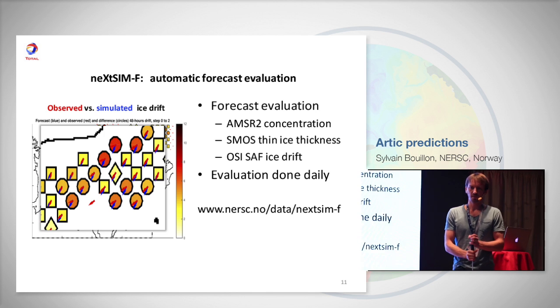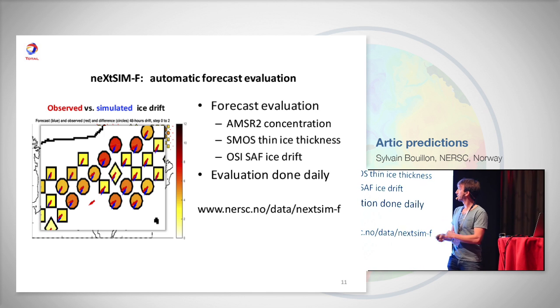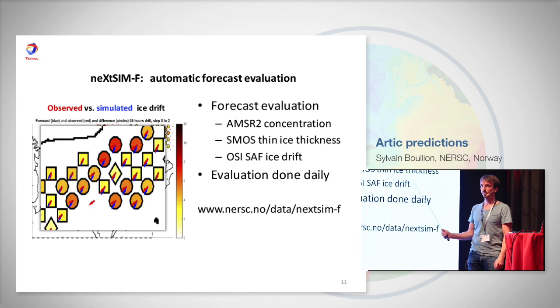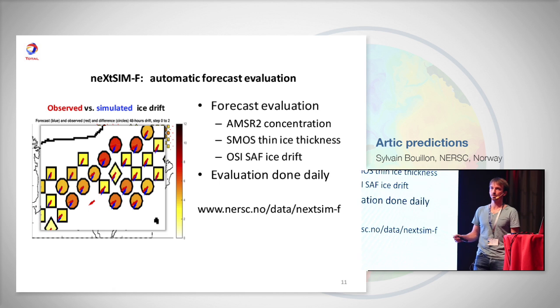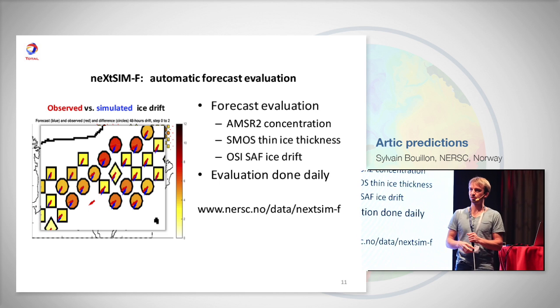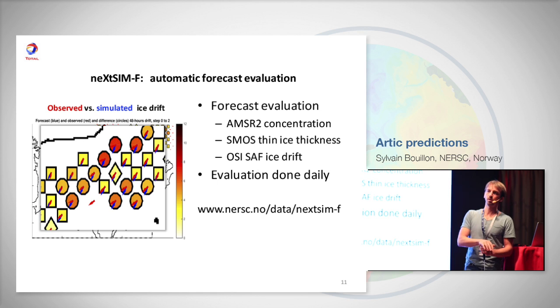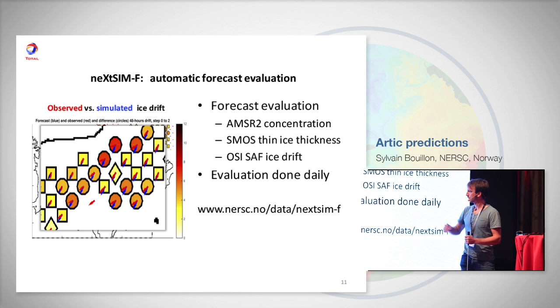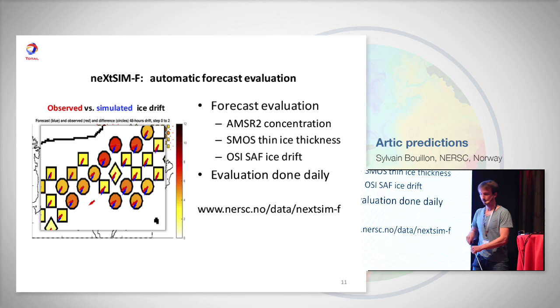We also implemented an automatic evaluation of the forecast using AMSR2 sea ice concentration and the SMOS thin ice thickness, but we were also comparing to the OSI SAF ice drift, which is a coarse resolution ice drift data set that is available every day, and that is produced by Met Norway.